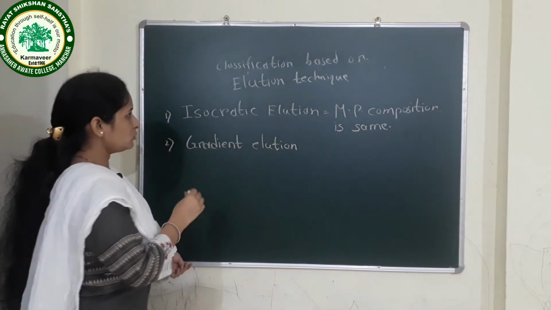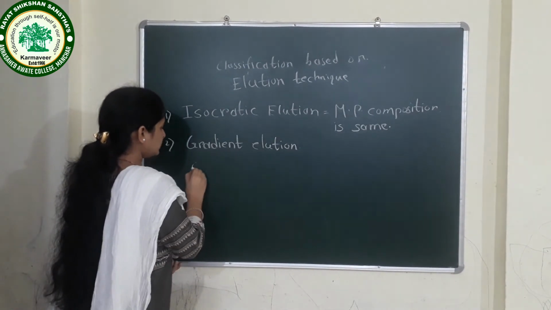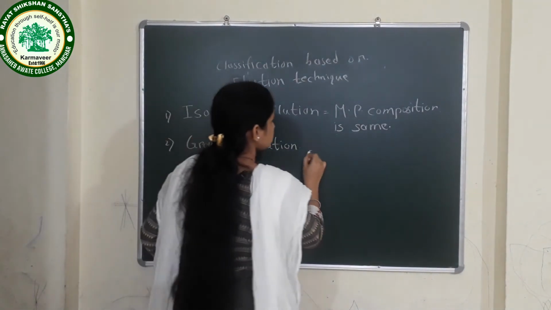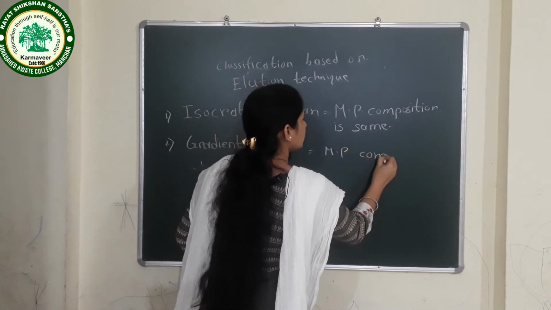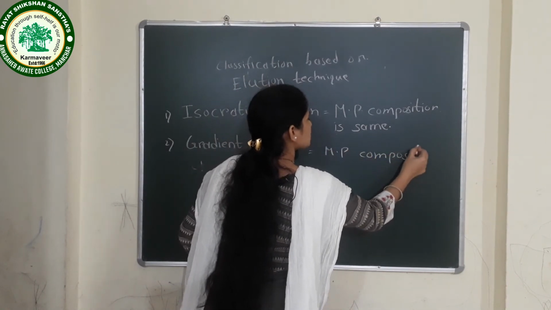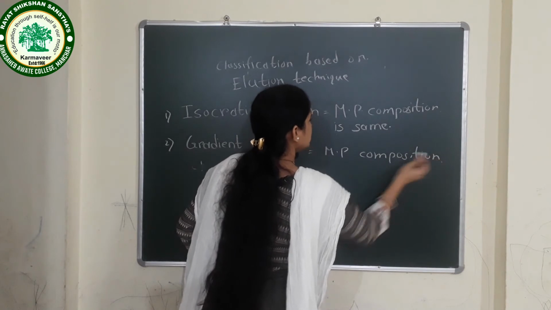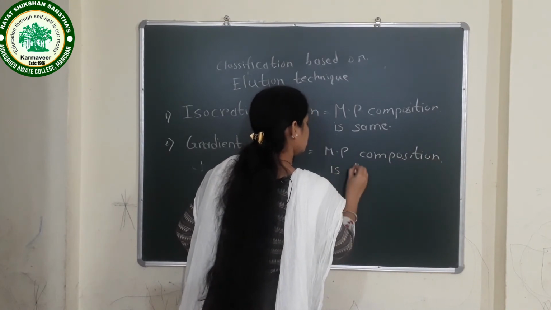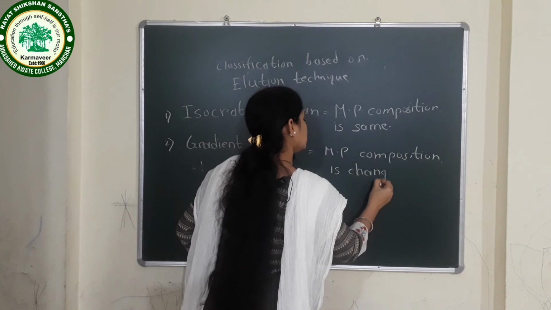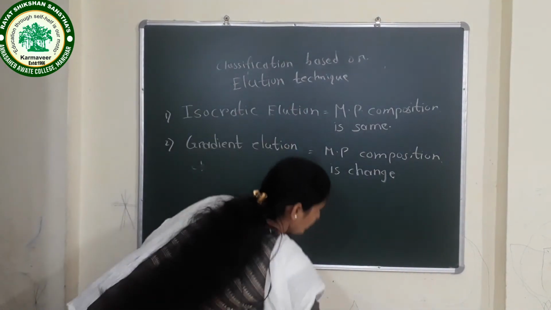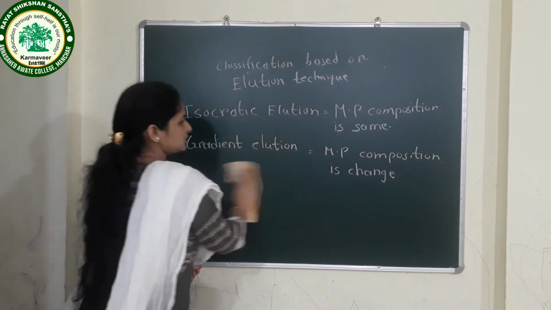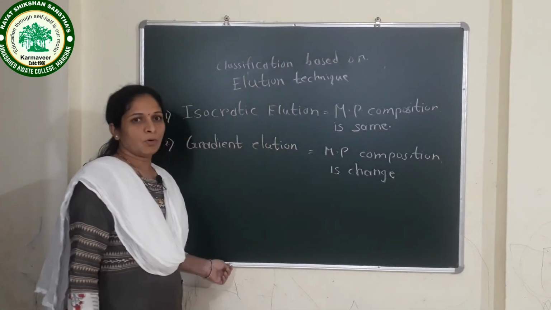But in gradient elution, what happens? The mobile phase composition can be changed. In gradient elution, mobile phase composition is changed during the process.